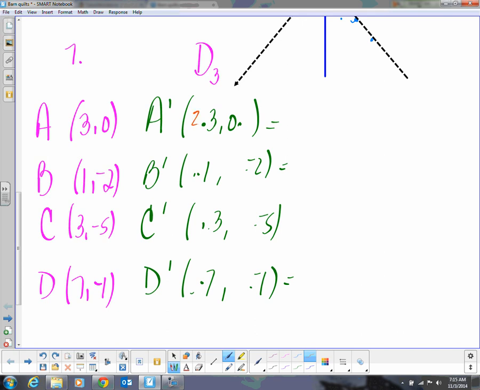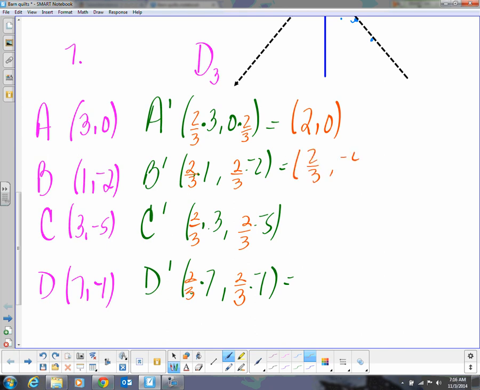So you're going to multiply each of these coordinates by 2/3. This is going to be 6/3 or 2, 0. This is going to be 2/3 times 1, and -4/3.